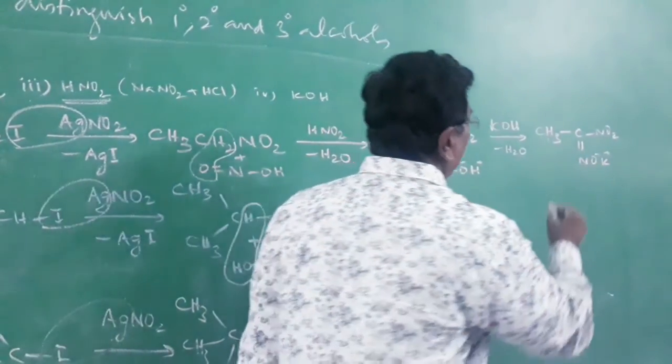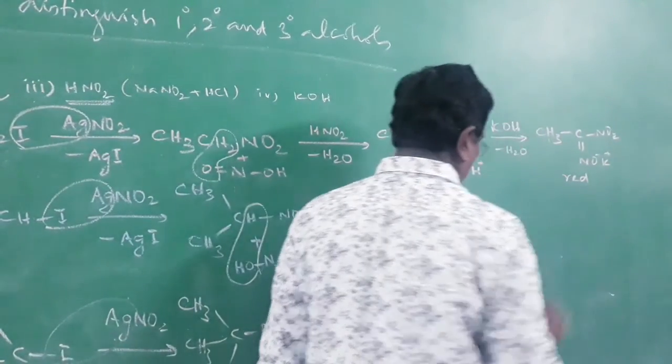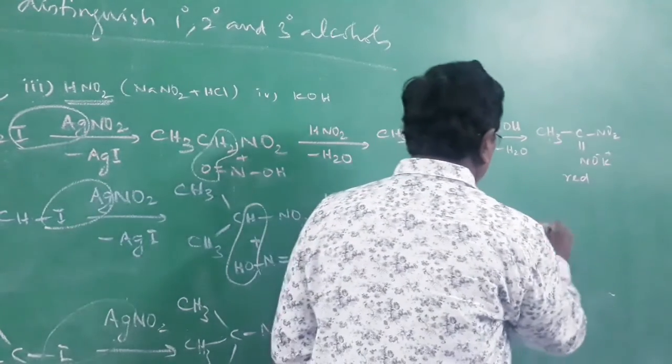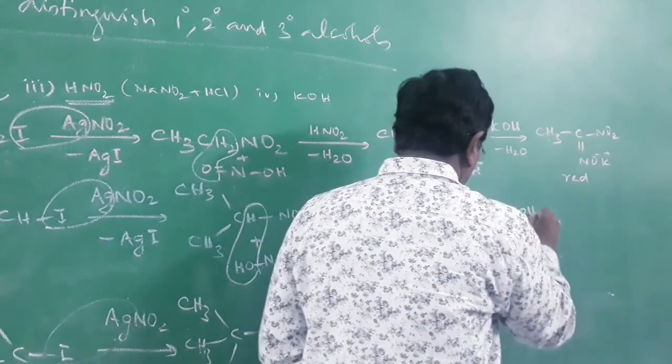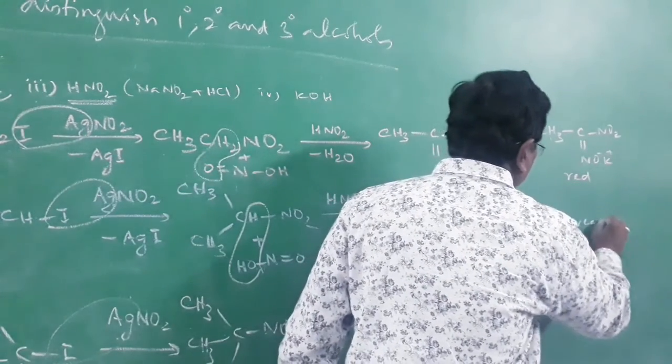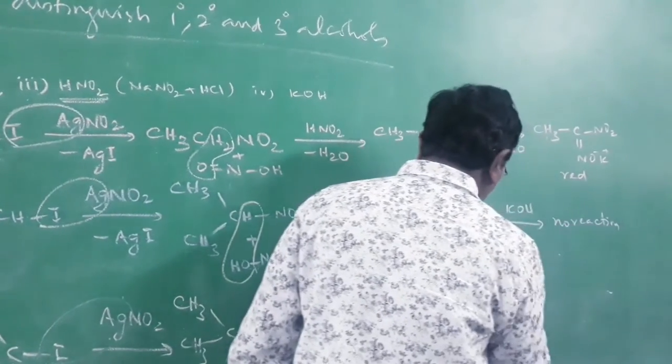It is red in color. Here, if it is allowed to react with potassium hydroxide, no acidic hydrogen here, therefore no reaction. It is blue in color.